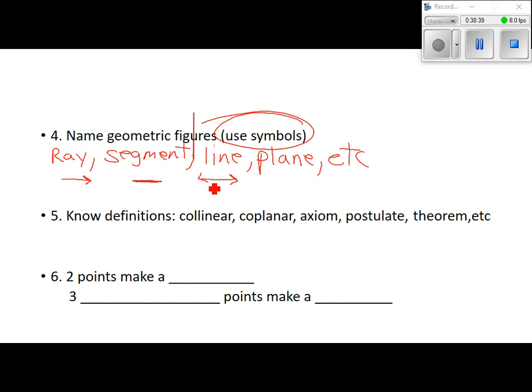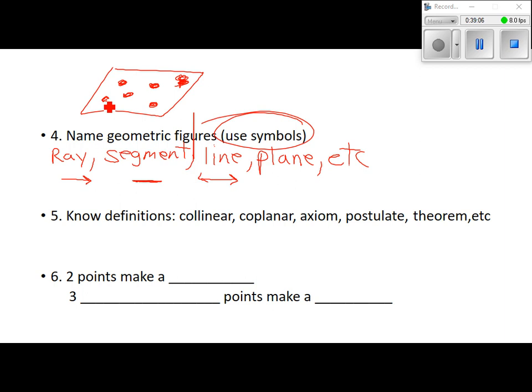Maybe 1. Maybe 3. Depends, right? Remember, a plane might look something like this. If they give you a letter up here in the corner that doesn't correspond to a point, then you can name it with just that 1 letter and the word plane, so plane B. If they don't give you that, if they just give you points on the plane, you may have to use 3 points, and we'll talk about that here in a second.